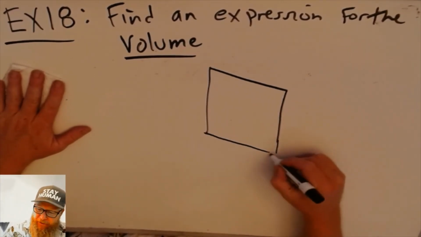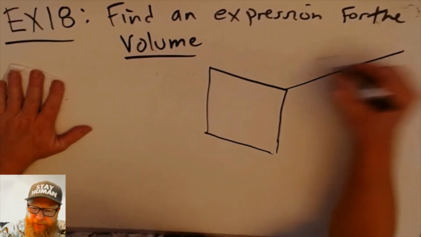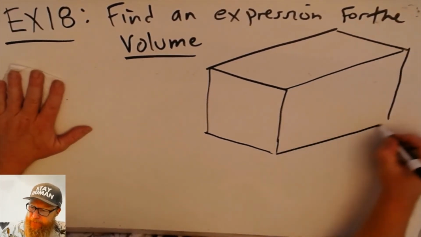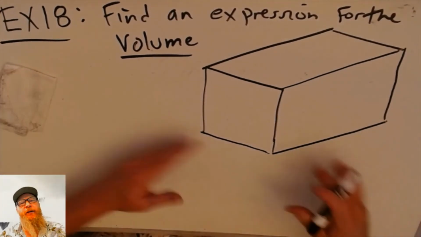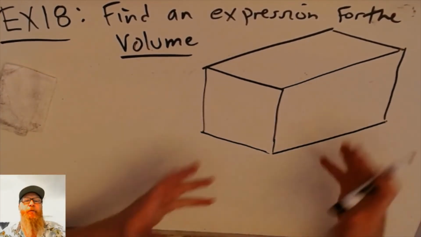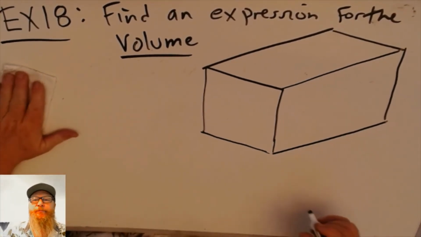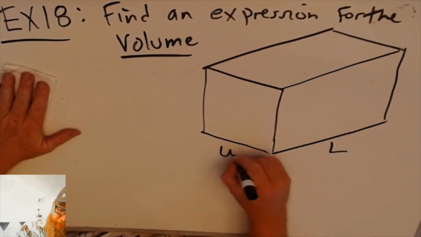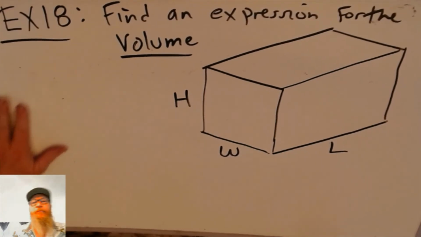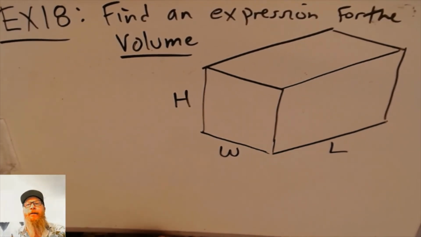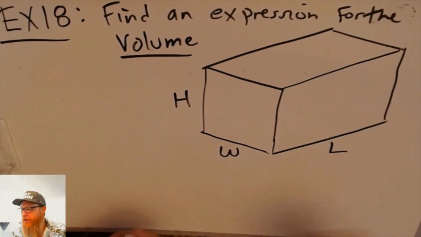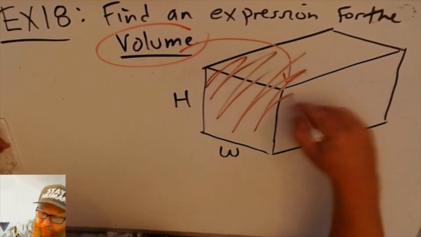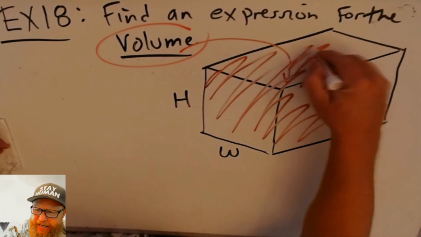Volume is when you have a three-dimensional object. Like an aquarium or a box or something like that. So volume is how much water or stuff would fit inside.